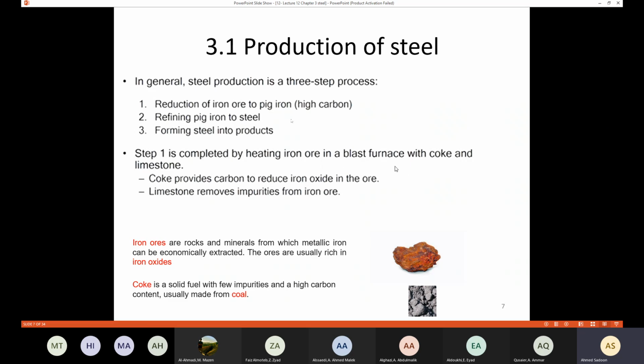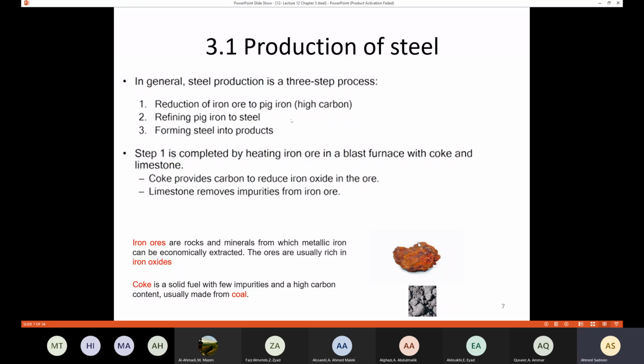So what is the purpose of the coke? The coke is going to provide carbon to reduce the iron ore. Here we have the ore, which is rich in iron oxide, and the coke provides carbon to reduce it. Also, we have the limestone, which is going to help us remove the impurities from the iron ore.